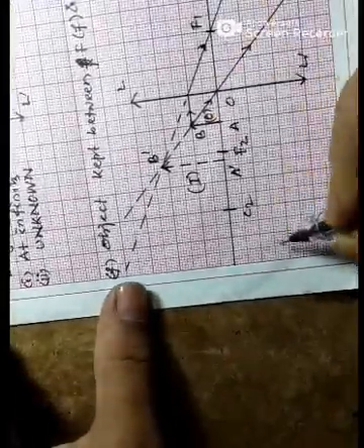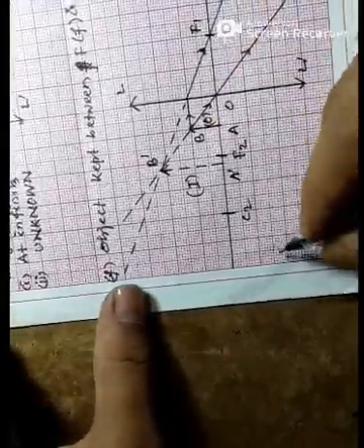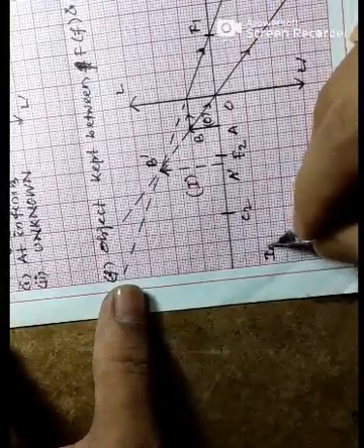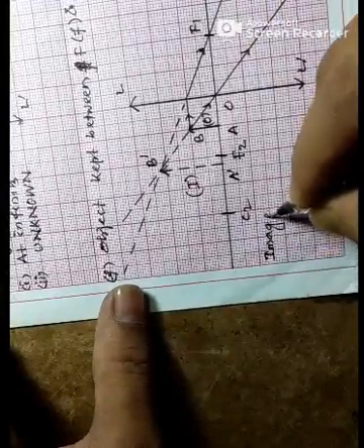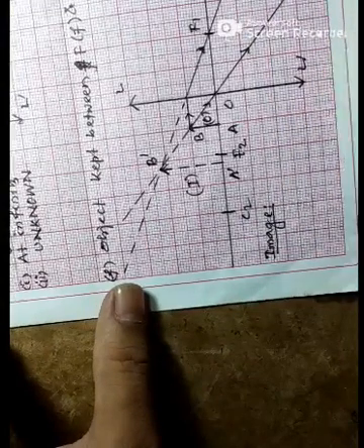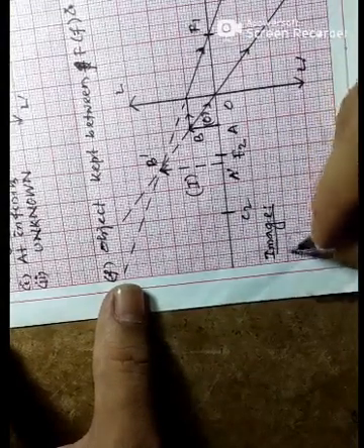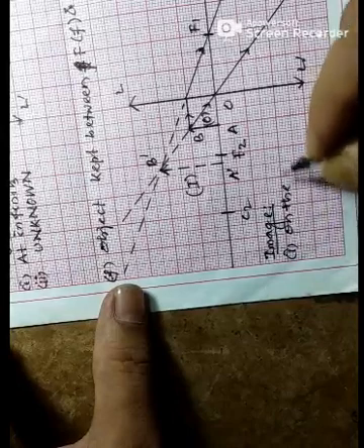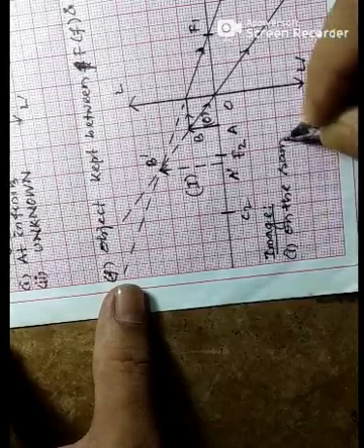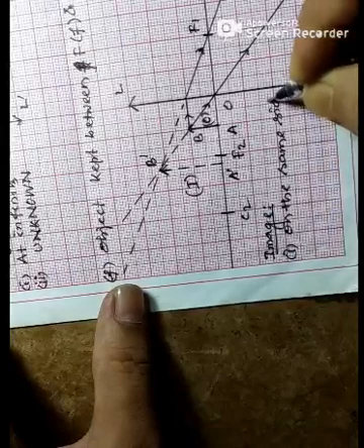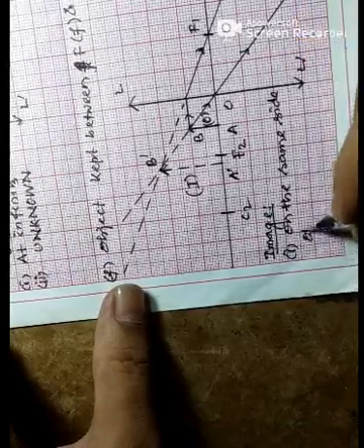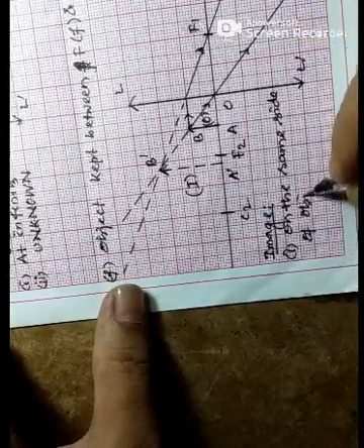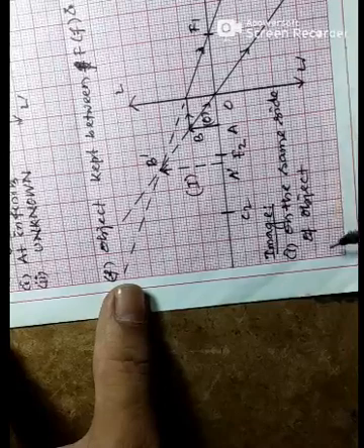Now you have to write the position and nature of the image formed. So you have to write about the image. So where is the image formed? Point number 1: on the same side of the object.